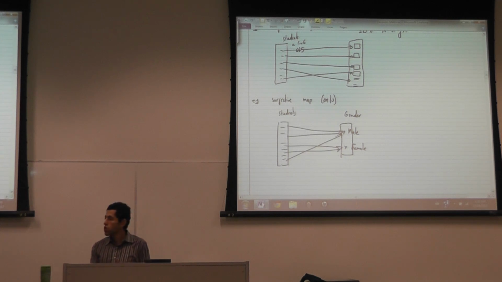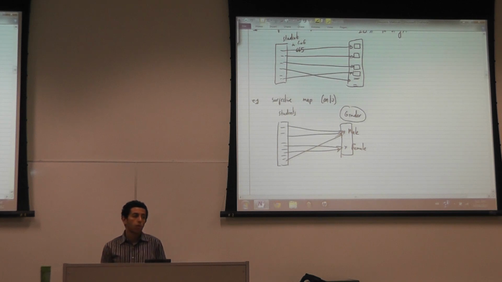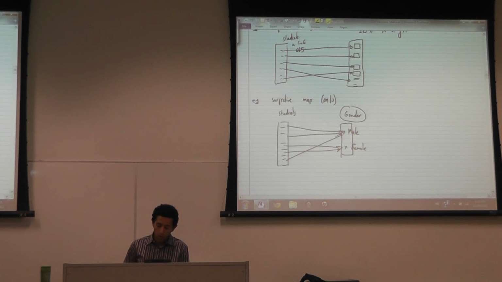And so this is surjective because I cover all my codomain. I cover all y. For every element in y, be it male or female, I can find at least one student in 665 that is either male or female.